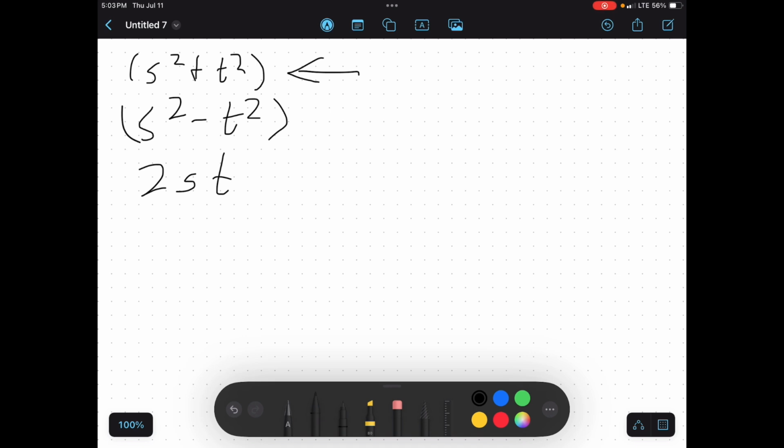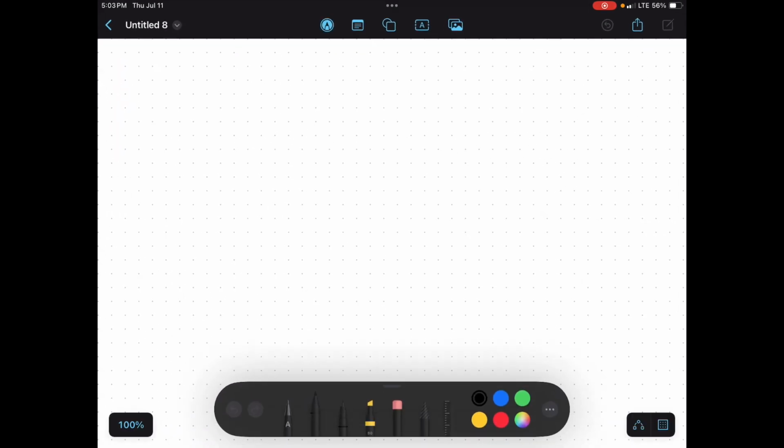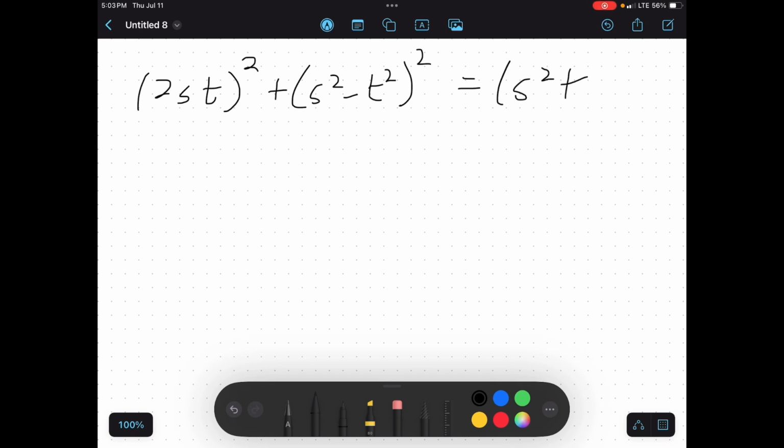So when we square all three of these, two are going to be the ones that we end up adding. So let's see if we can create a proper formula. 2st, one of the smaller values, squared, plus s squared minus t squared, squared, is going to equal s squared plus t squared, squared.